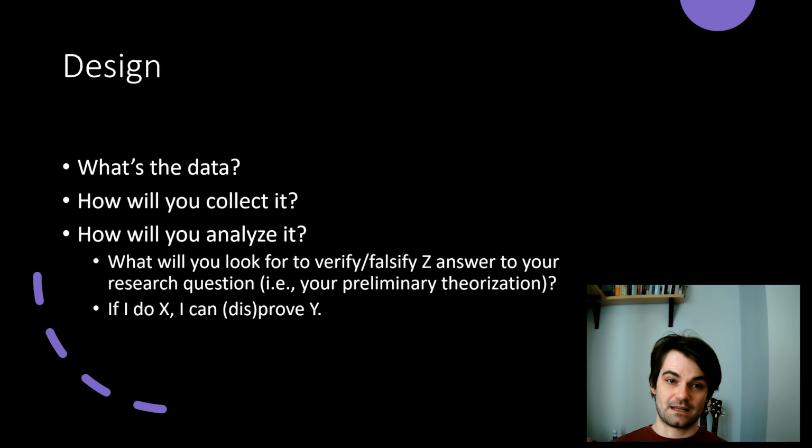While you're analyzing it, what are you looking for? Are you trying to verify or falsify the preliminary answer that you developed in your preliminary theorization? If you do X, you can prove or disprove some other thing. If things are not clear on this one, I would suggest going back to the thinking empirically tutorial.